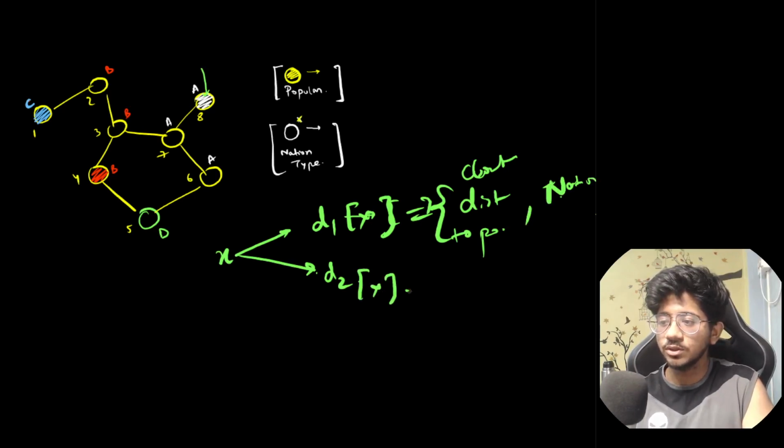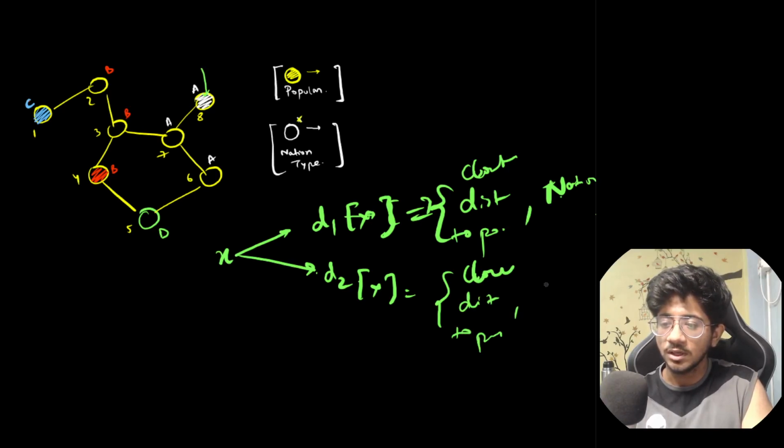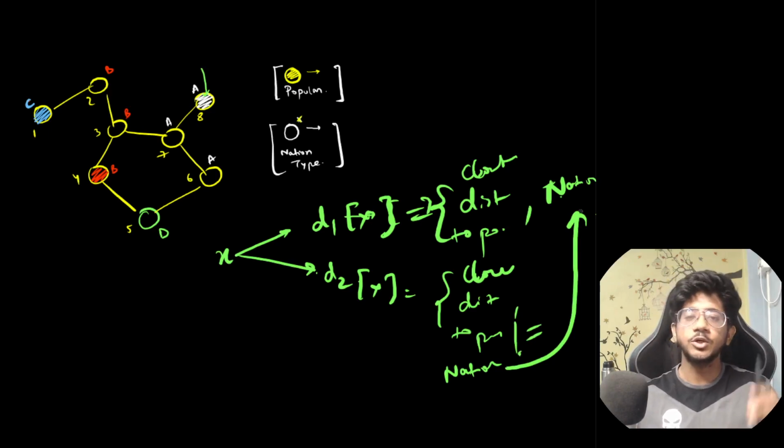D2 of X will store the closest distance to a popular node whose nation type is not equal to this nation type. There are two different distances that we will compute for every node.